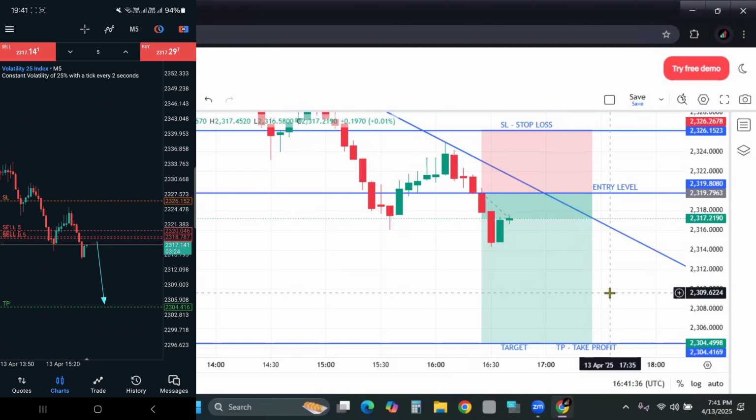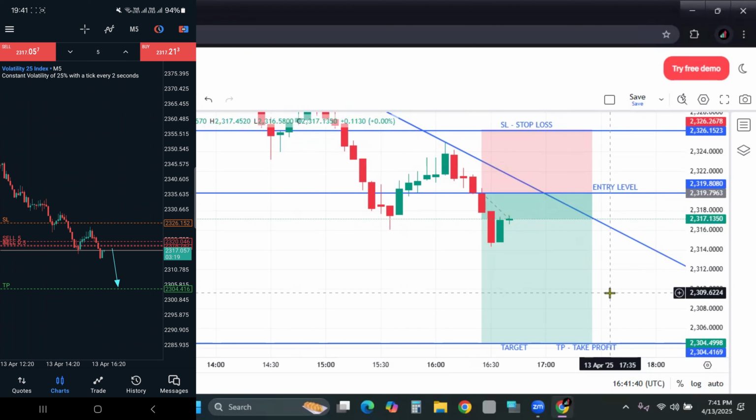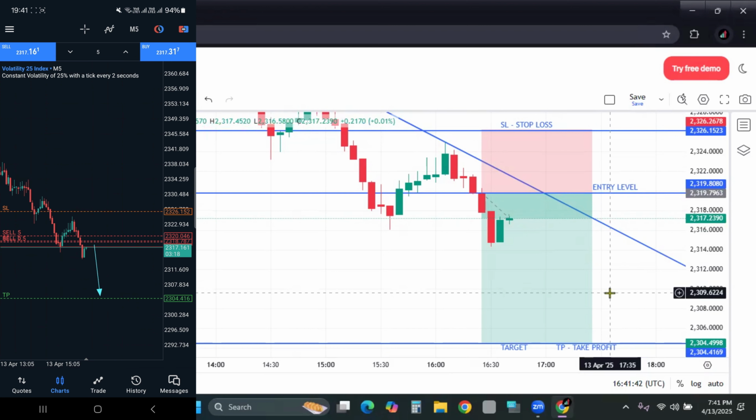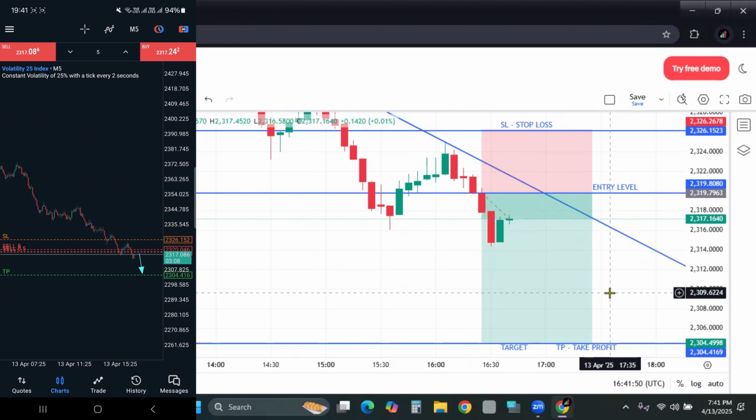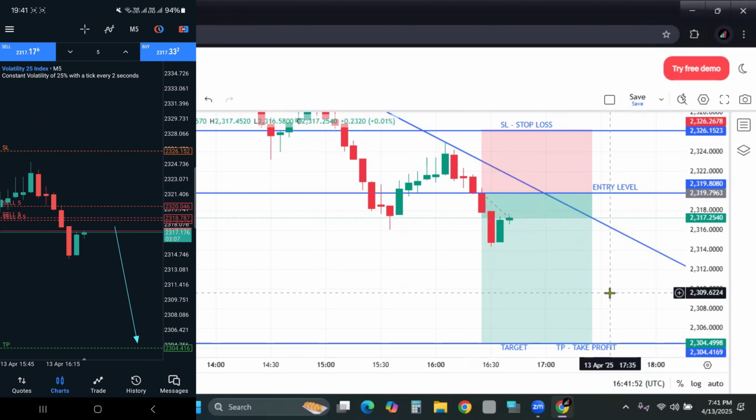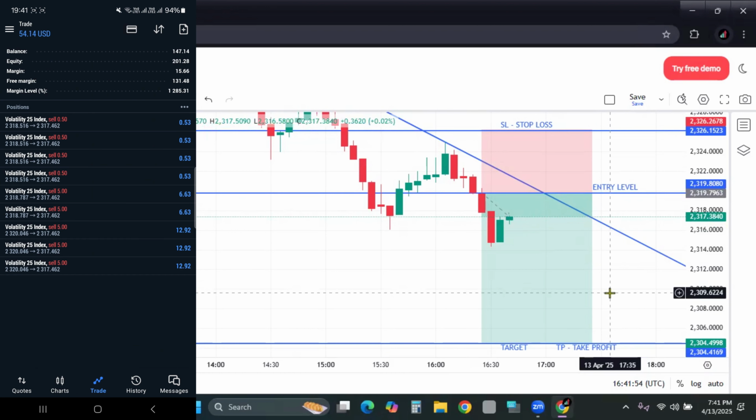So after your analysis, you place your trade and hold it. It can decide to play around there, come to the TP or go to the stop loss. So yes, accept. So let me wait for the results. Let me hold this one until it hits my TP.